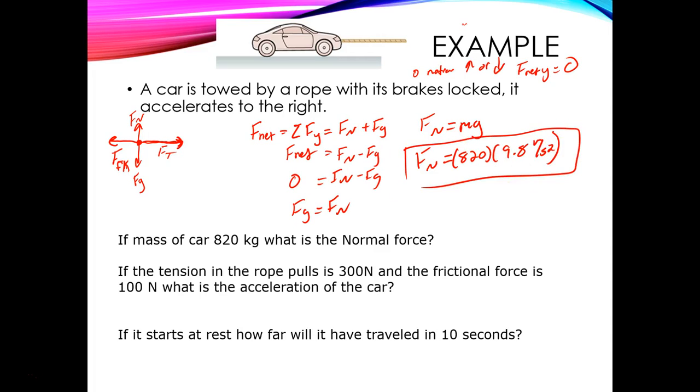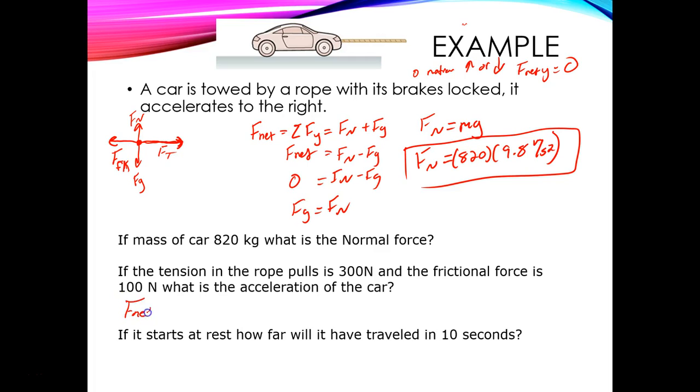The next thing they say is, if the tension in the rope pulls is 300 newtons and the frictional force is 100 newtons, what is the acceleration of the car? If I want to know what the acceleration of the car is, the car's moving in the horizontal direction, so I want my horizontal forces.